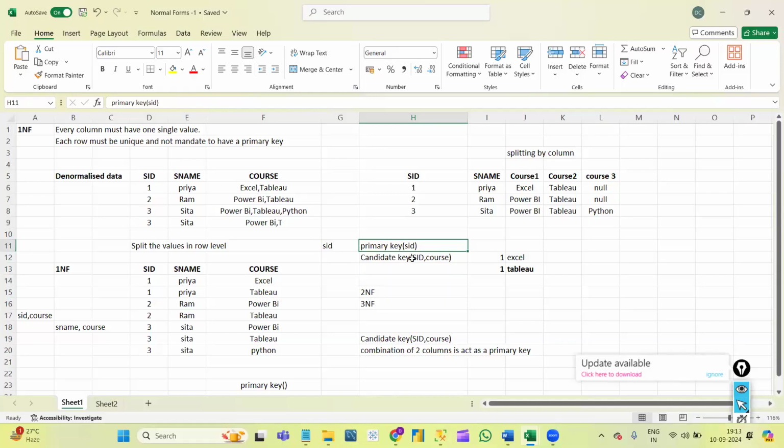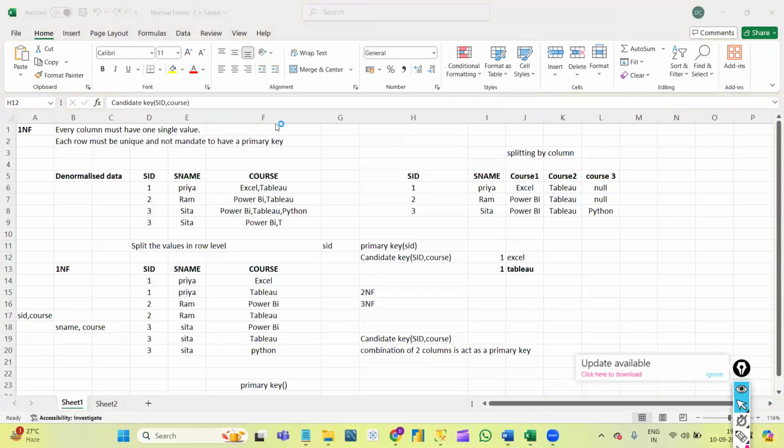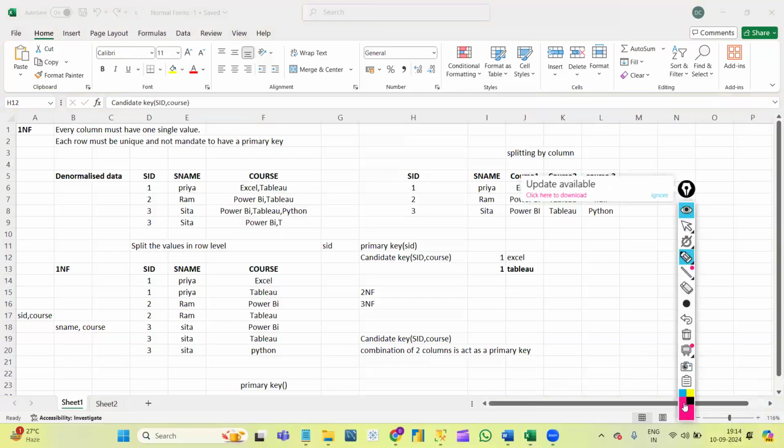That means here I am considering SID and course as two columns, and I'm creating a candidate key. These two columns together act as a primary key only. While defining, we will use candidate key. I will define candidate key of SID and course, but the functionality it will use is primary key only.